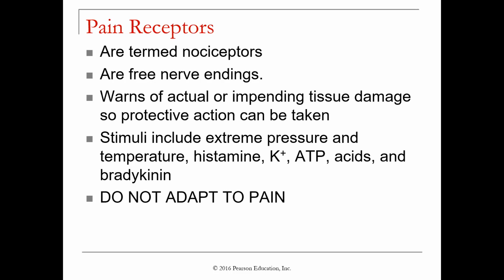People that live near a highway, near the interstate, don't hear the noise, only something exceptional. Or you get used to a particular odor. Those we can adapt to. Pain is one of those stimuli that we never adapt to. We don't adapt to pain because pain is our body's warning signal.